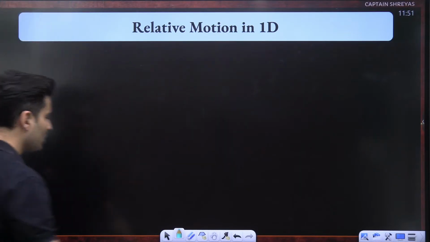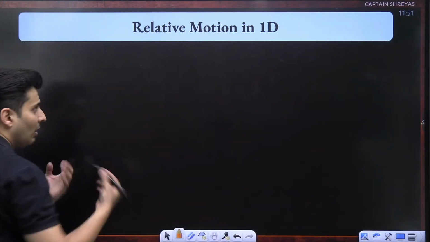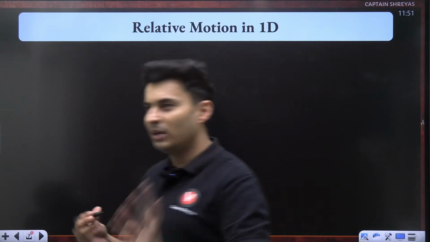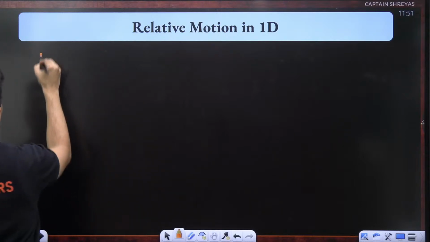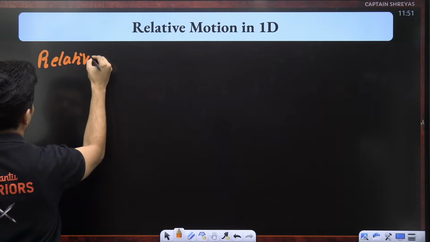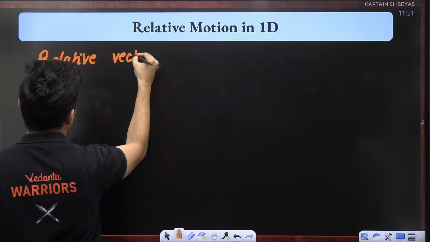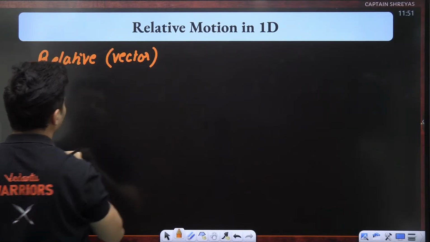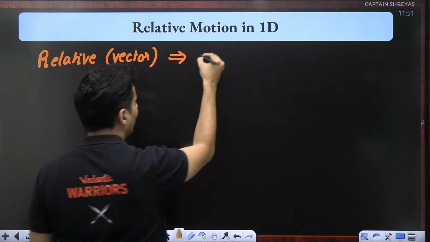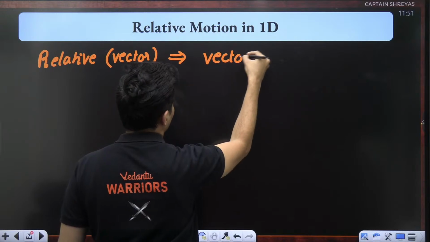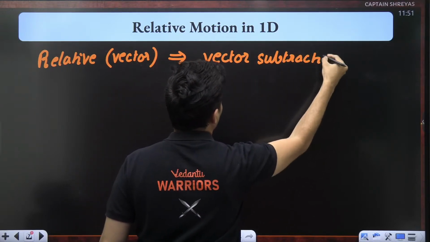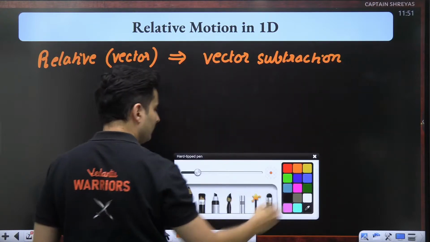But when it comes to relative velocity or relative displacement or relative acceleration, then there is a simple formula I'll tell you. Whenever it is a relative vector quantity, then always it involves vector subtraction. The formula looks something like this.